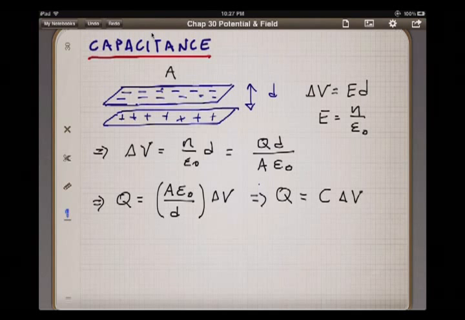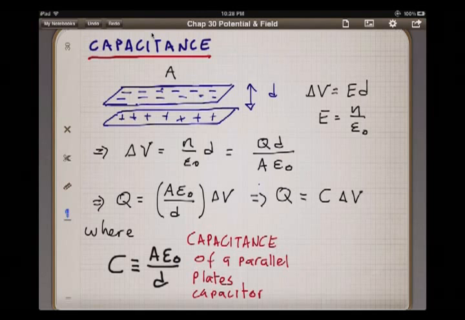So that proportionality constant, which has to do with the dimensions of the capacitor, is what we denote with the letter C, and we call that the capacitance of this capacitor. And the expression A epsilon 0 over d applies to the capacitance of a capacitor that has parallel plates.